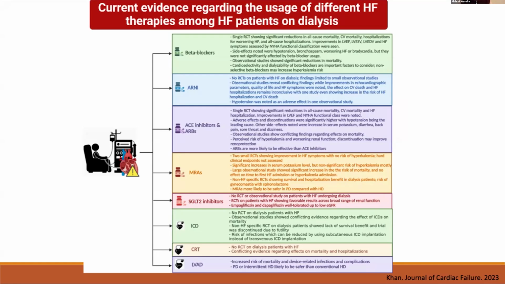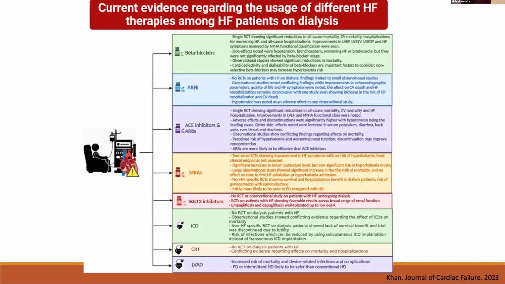But this is a diagram from a recent review article on managing heart failure patients in dialysis. And the point of the diagram is really to say that guideline-directed both medical and device-related interventions that have been shown to have mortality benefits in folks with heart failure with reduced ejection fraction really have not been studied in our patients.